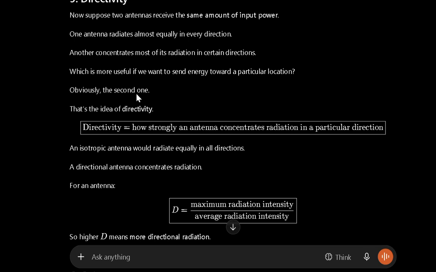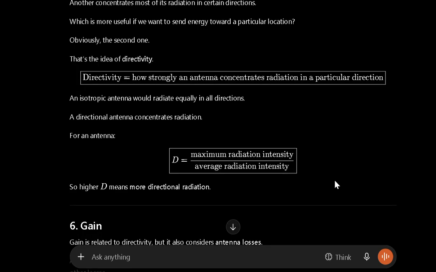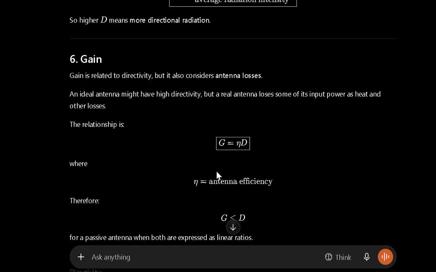Obviously the second one is important. That's what we call high directivity: how strongly an antenna concentrates radiation in a particular direction, maximum radiation intensity divided by average radiation intensity. Okay, look into this later.